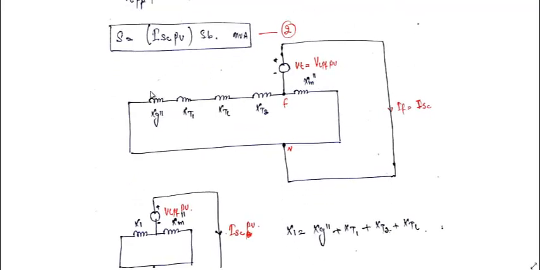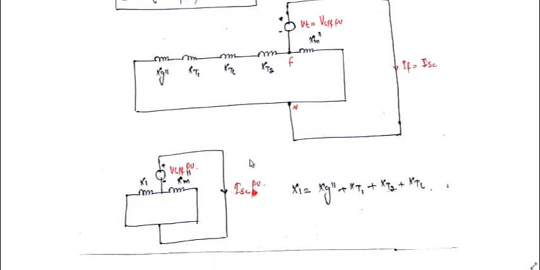This is the same circuit which we have already discussed in the previous class. V_T is the terminal voltage at the fault point before the fault. Here we have named it V_LPF per unit, that is the line voltage pre-fault in per unit, and I_F is the fault current which we discussed in the earlier class, and here we have taken it as I_SC. They are the same.